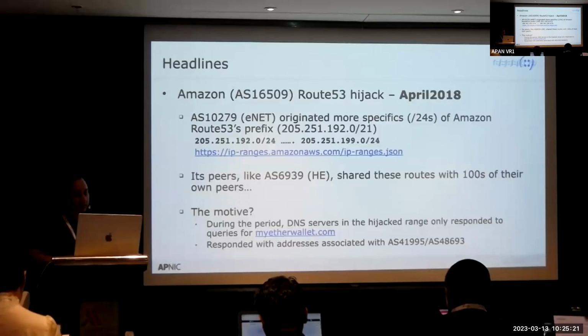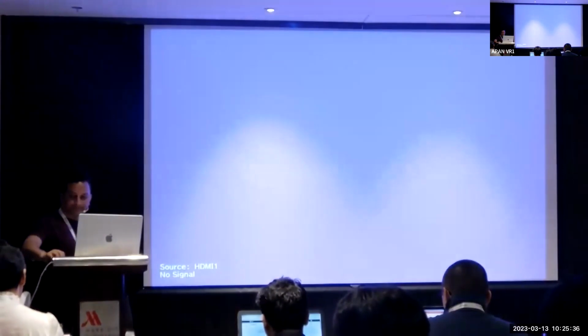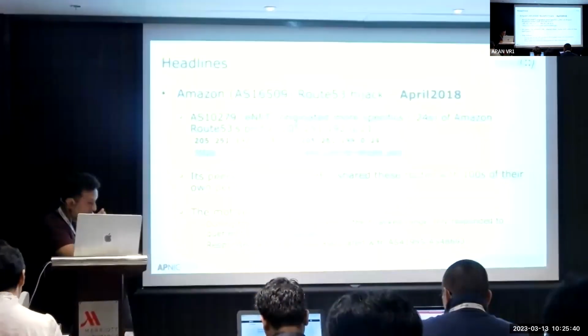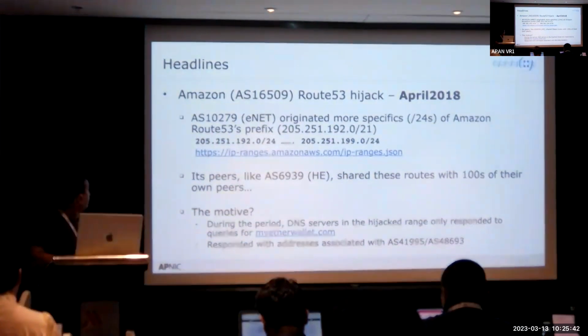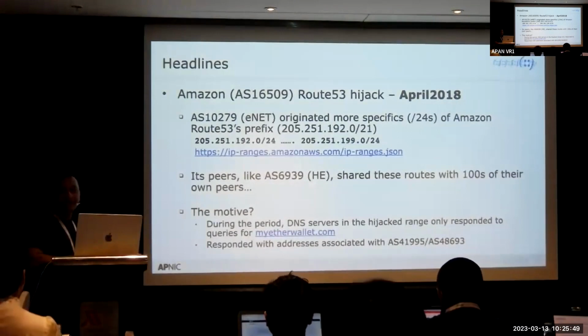The originator was 10279, that's init, and it actually peers with other large providers, which shared that more specific announcement to other peers on the internet. Again, you see the motive here is bad intent. You're basically trying to steal someone else's money on the internet, right?